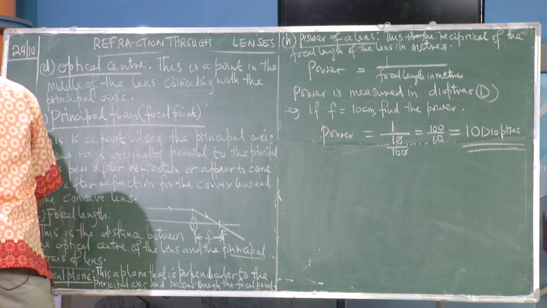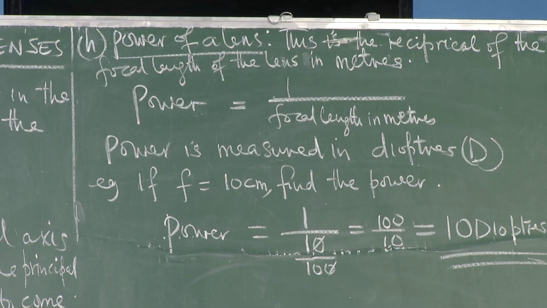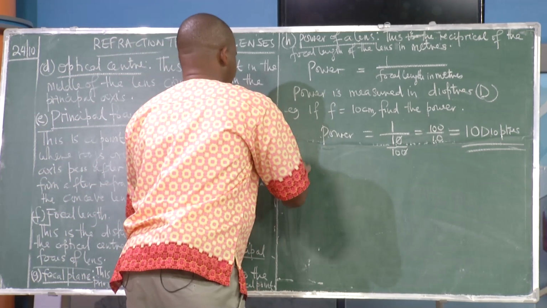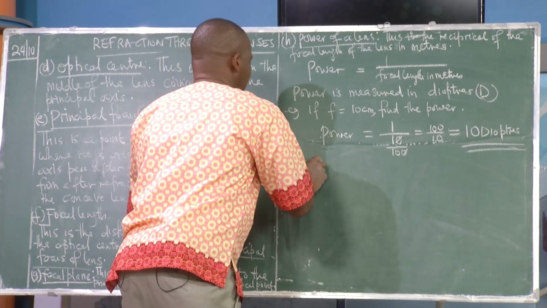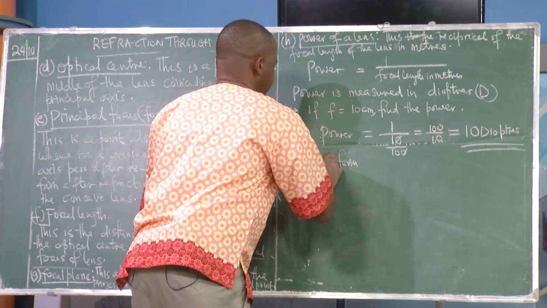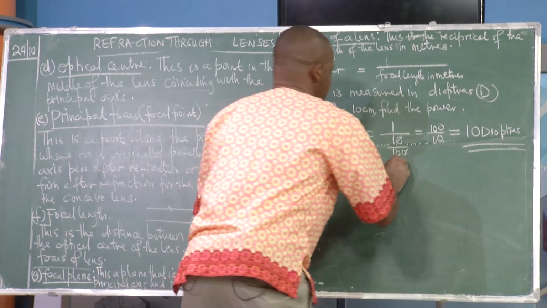I want to definitely give a reading assignment with a hint as we come to the end of the lesson. We are supposed to look at image formation through lenses.